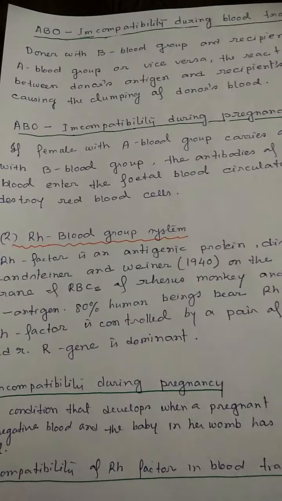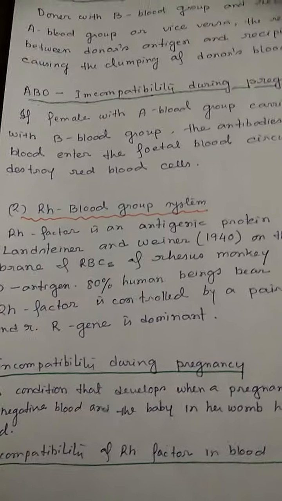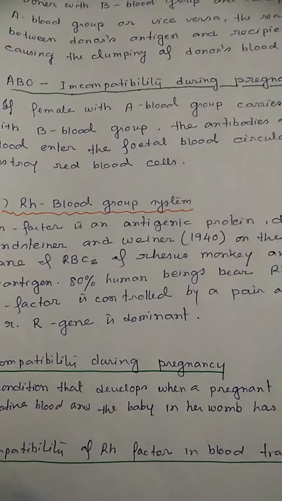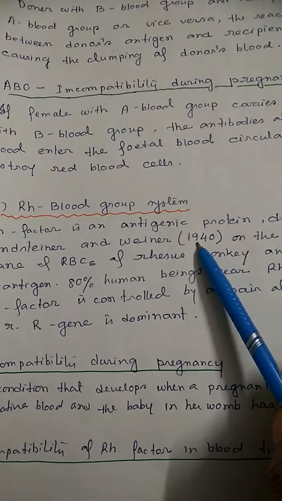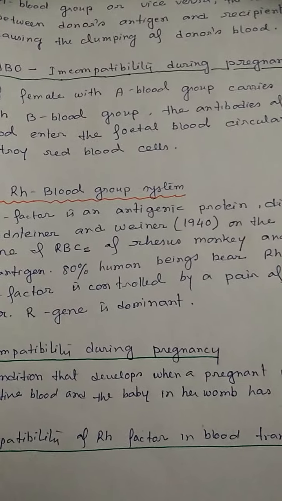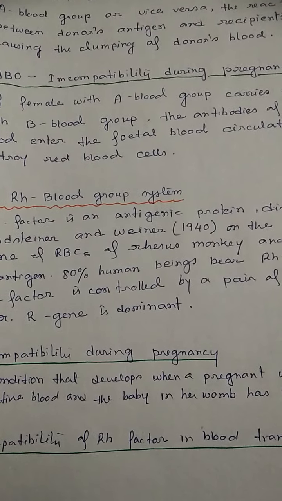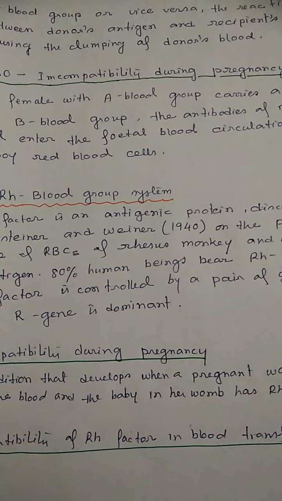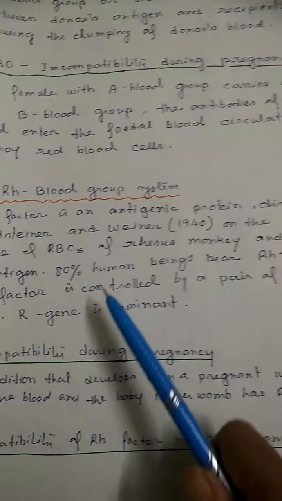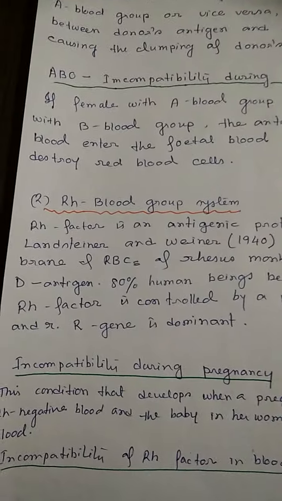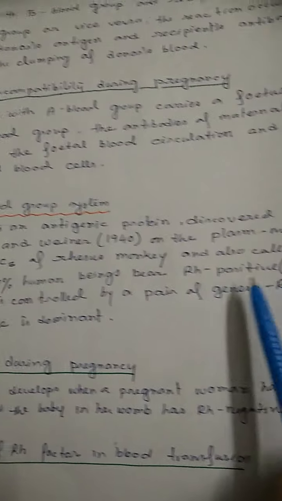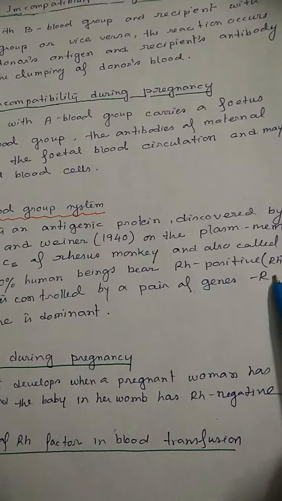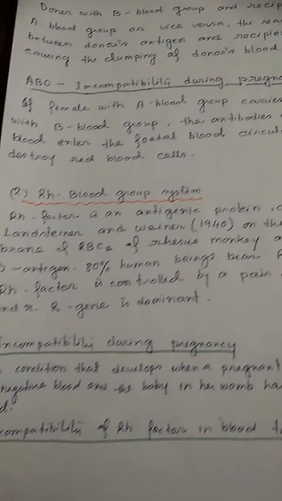Then the RH blood group system. What is the RH blood group? This RH factor is an antigenic protein discovered by Landsteiner and Wiener in 1940 on the plasma membrane of RBC of the rhesus monkey, and that's why it is also known as D antigen. 80% of human beings carry the Rh factor, so they are known as Rh positive, and if Rh is absent, then they are known as Rh negative.